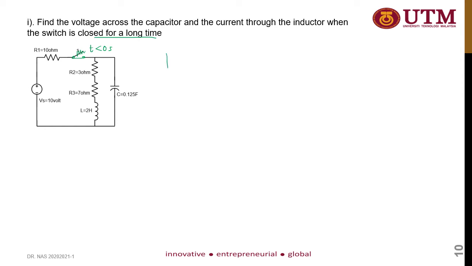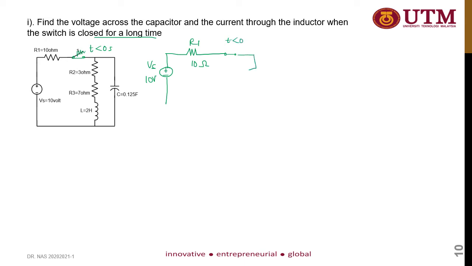Therefore, this is the source, Vs equal to 10 volts, and then you have your R1 equal to 10 ohm, and the switch is closed at t less than 0.